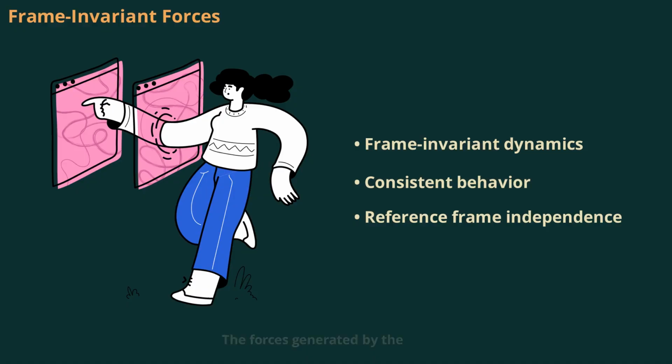The forces generated by the translation operator formalism are frame-invariant, meaning they do not depend on the observer's perspective. This property is essential for ensuring that the system's behavior is consistent and predictable, regardless of the reference frame.